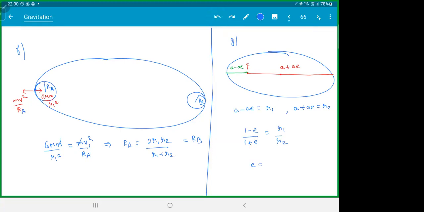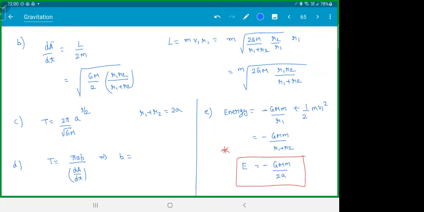Clear? Please have a look at this problem. It's a pretty good one. You can ask a lot of things from this: eccentricity, length of minor axis, everything. Clear? Next one.